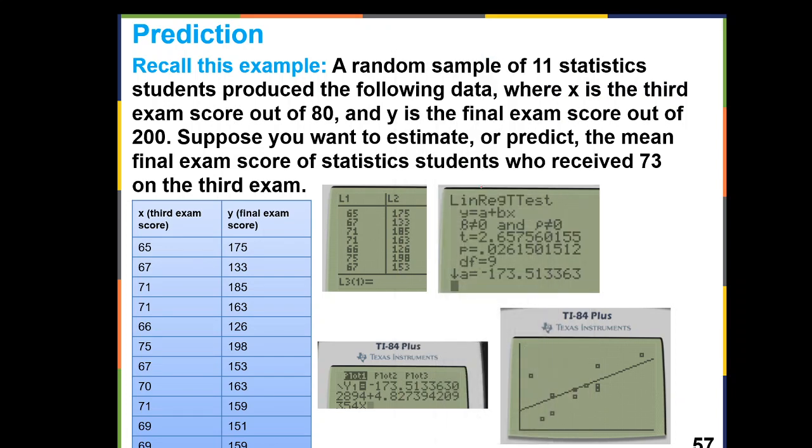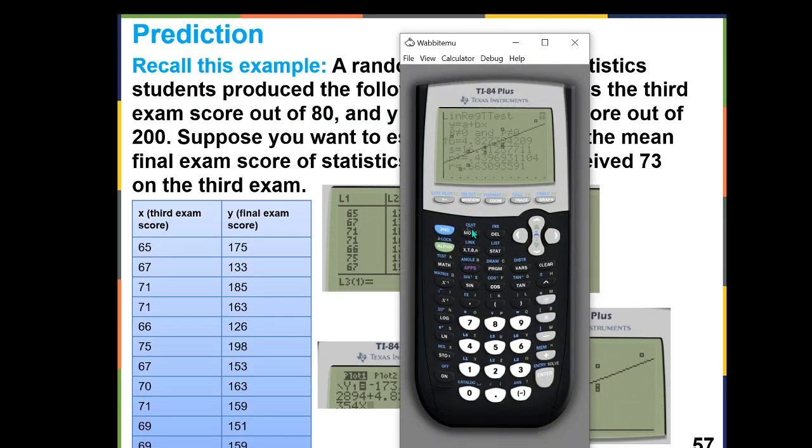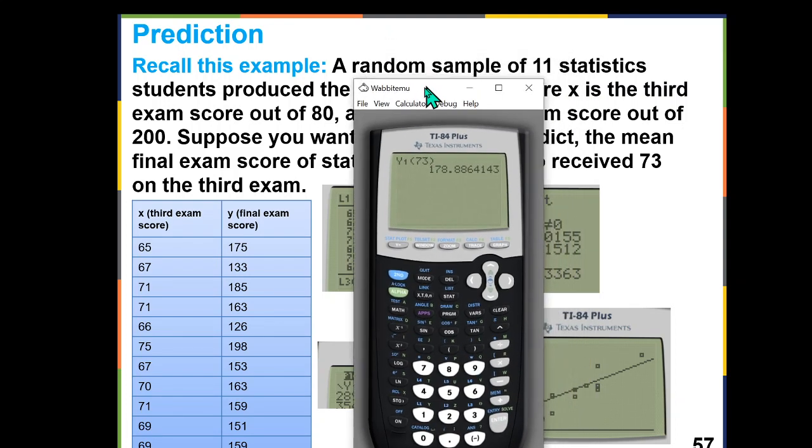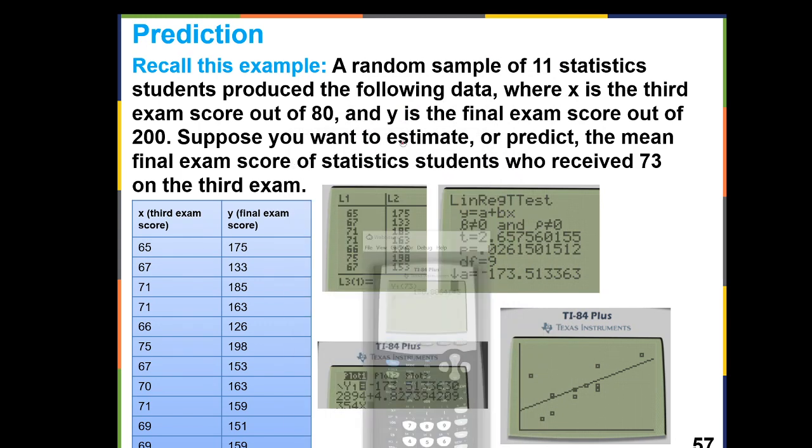Well, we can do that in many different ways. I showed you one way already, which is going to the home screen and finding y1. So y variables, y function, and then y1. In parentheses, we put 73, and that's it. So our prediction is 178.